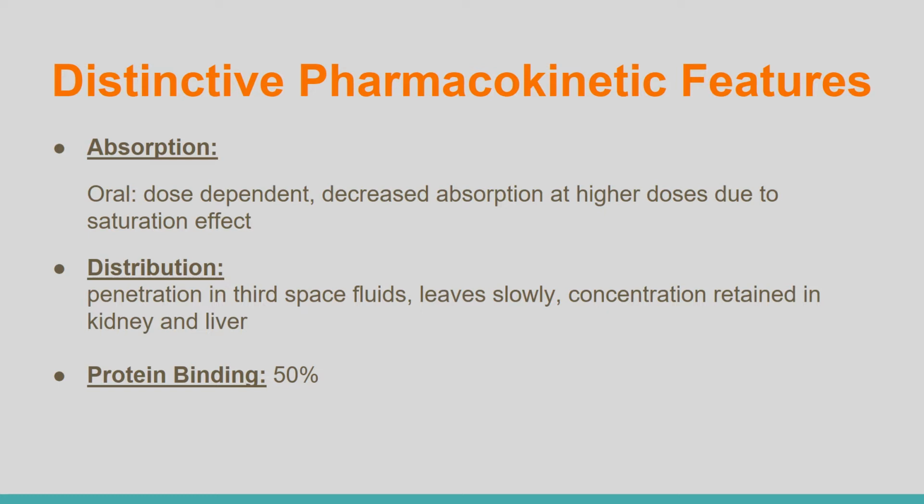It distributes slowly into the third space fluids such as pleural effusions and ascites. From here, it slowly exits from this compartment. Then it is retained in the kidney and the liver. This drug is also 50% protein bound.